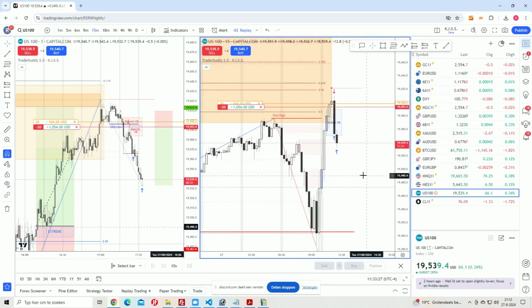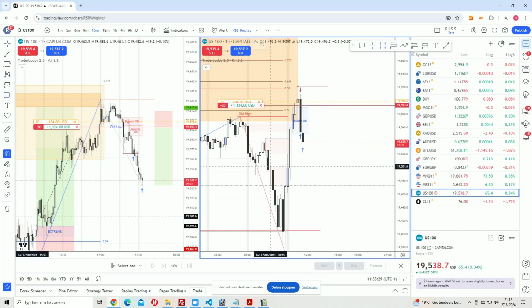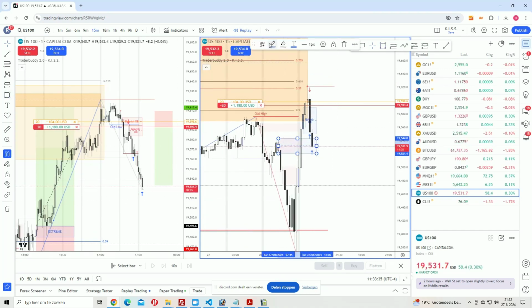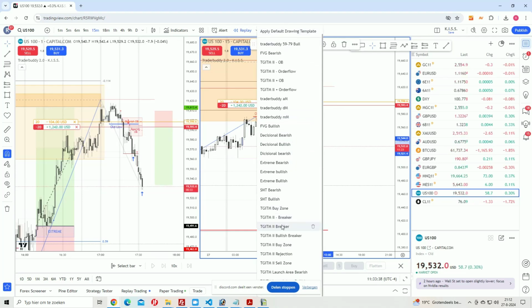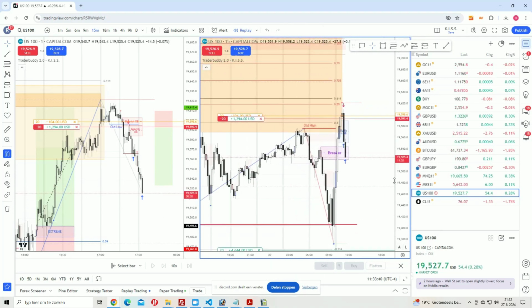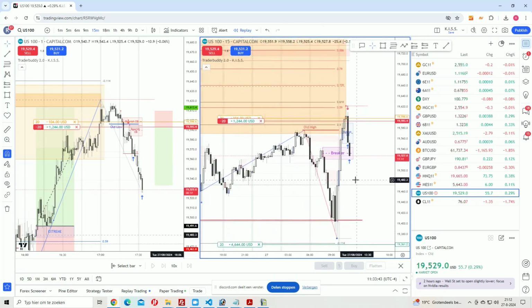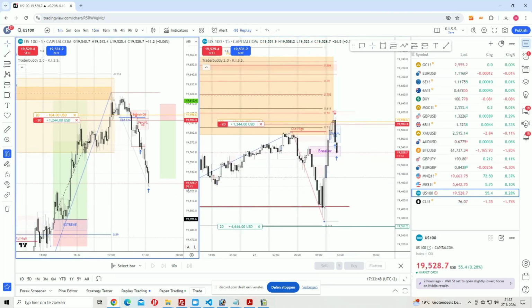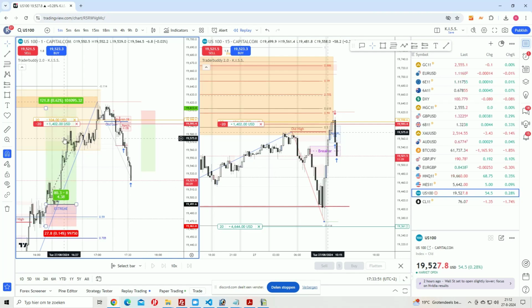And we are entering a bullish PD zone, because this is a breaker. That's why we need to trade with both screens, so you know on the 15 what is happening, and that you don't get caught up in the 1 minute fantasy.